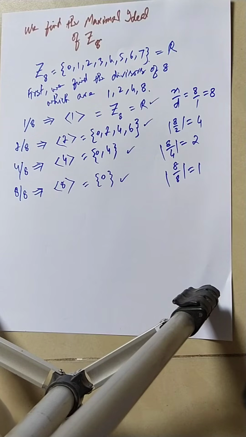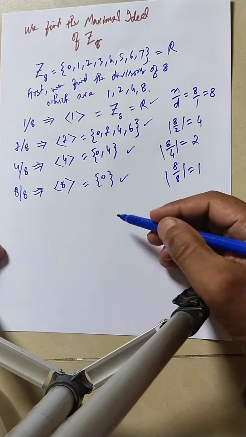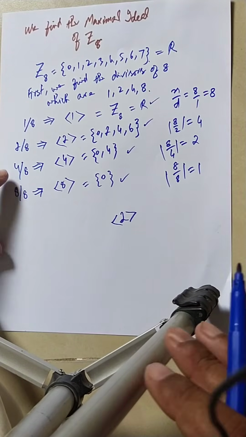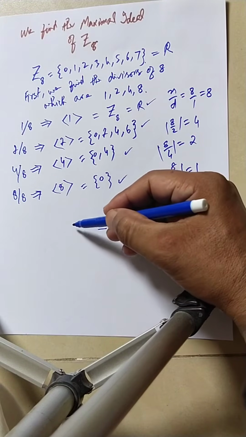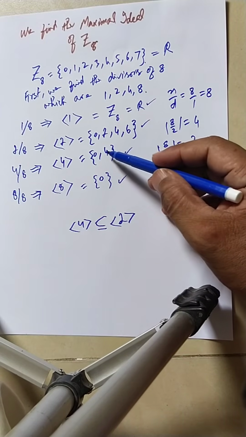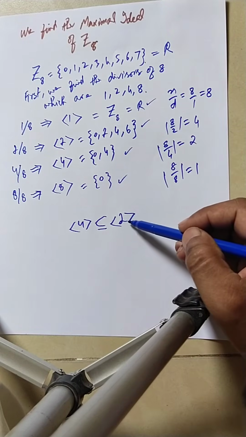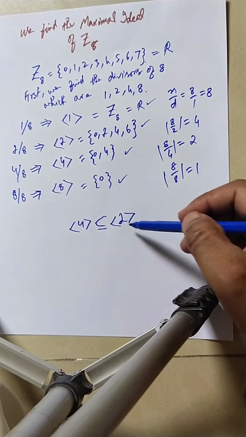Now we have to find which is the maximal ideal of Z8, and note that the ideal generated by 2 contains the ideal generated by 4. Every element of 4, that is 0 and 4, is in the ideal 2. So 2 is the larger ideal, and 4 is contained in 2.